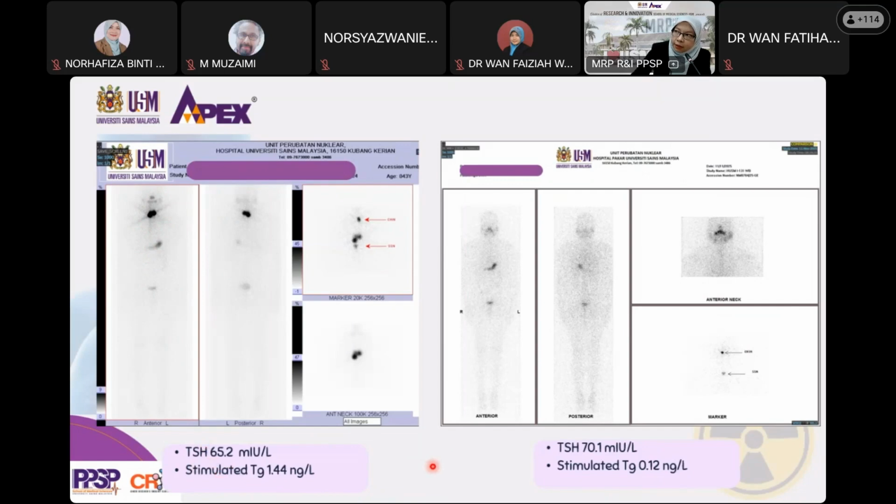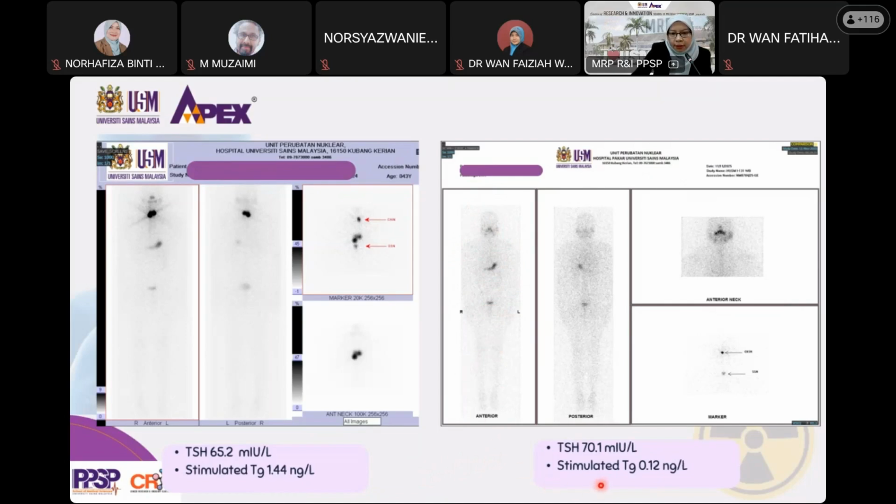After at least 6 months of therapy, the patient will receive a diagnostic RI, diagnostic iodine with 5 mCi. Here we can see that the uptake in the neck is no longer there. It means that the patient already responded to treatment, and there is also no abnormal uptake in the body.